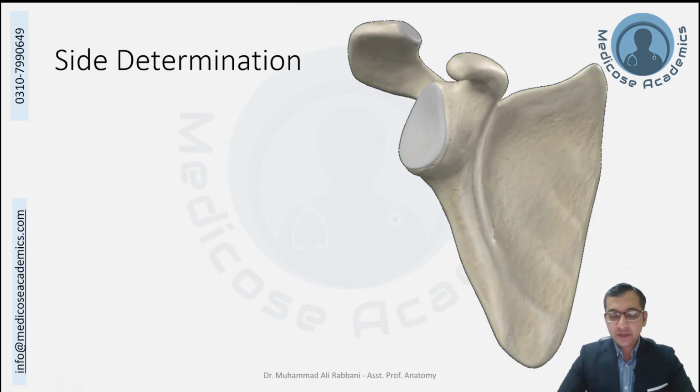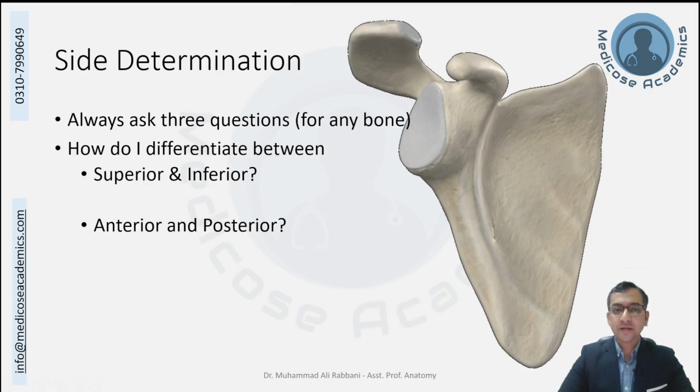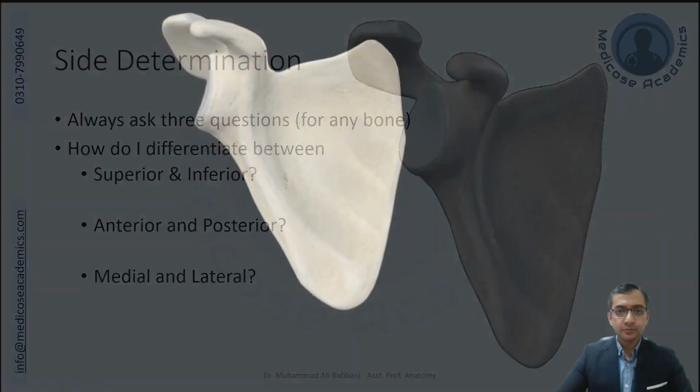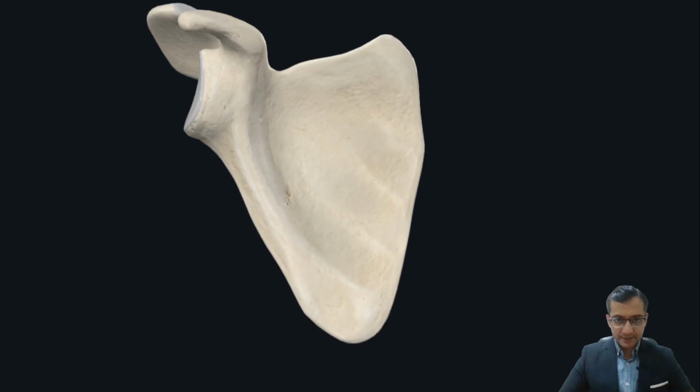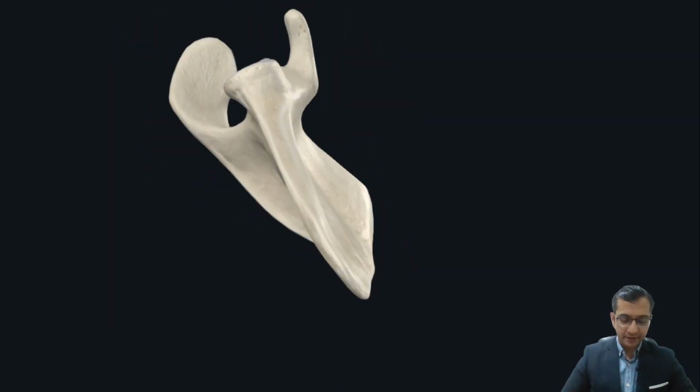Side determination. Like any other bone, always ask three questions: how do I differentiate between superior and inferior aspect, anterior and posterior, and medial and lateral aspect? Let us move on to the model and try to figure this out. So, this is a bone currently in anatomical position, but let's make it at random.